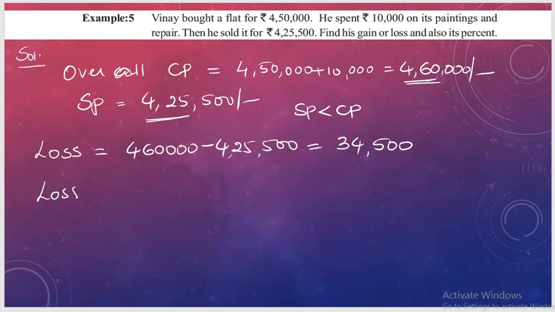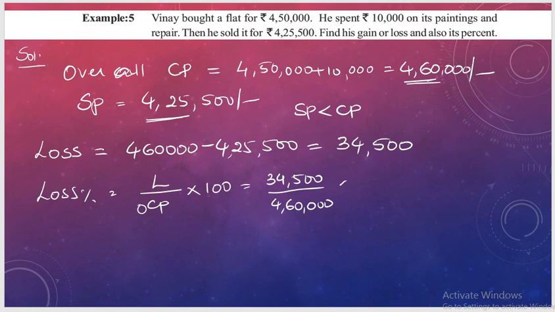When I want to find loss percentage, loss percentage is given by loss by overall CP into 100. So 34,500 divided by overall cost price, 4 lakhs 60,000, into 100. Here we have 4 zeros in the numerator and in the denominator, so I can cancel these 4 zeros.